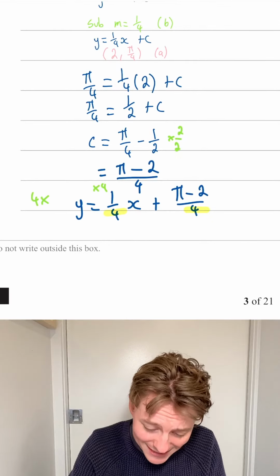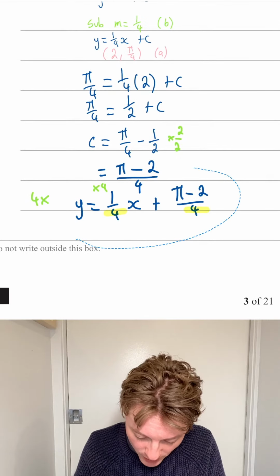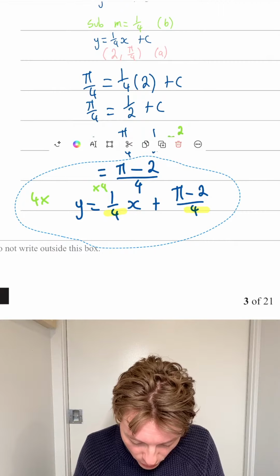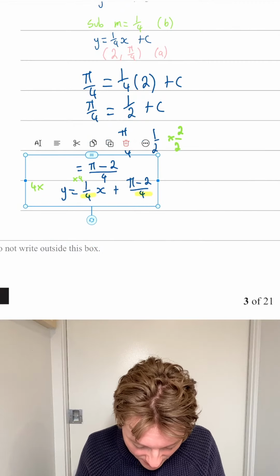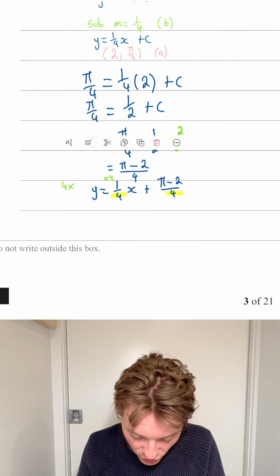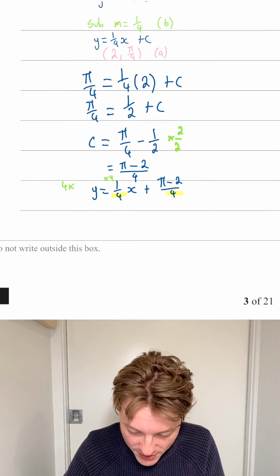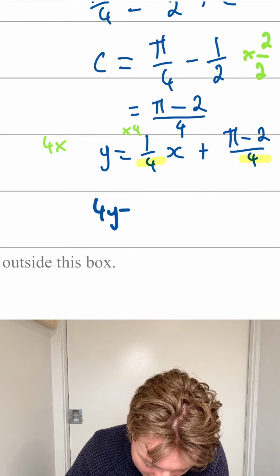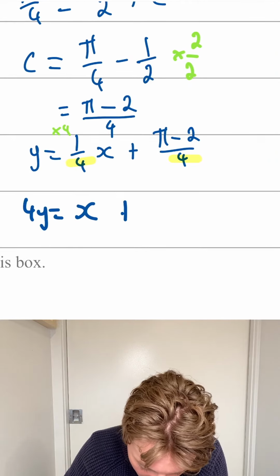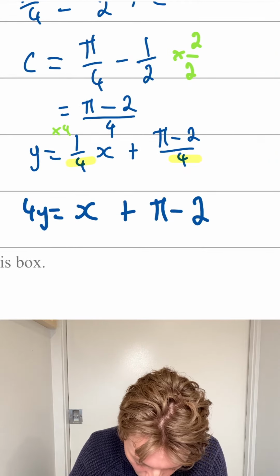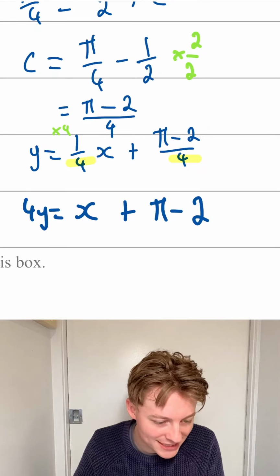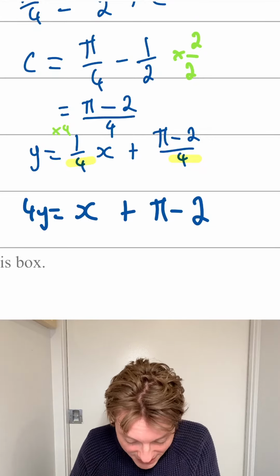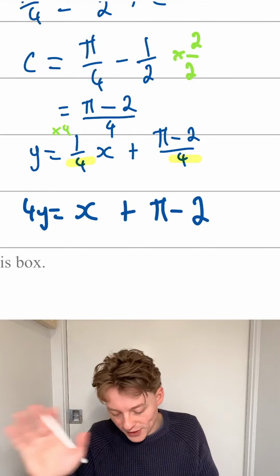I'm going to shrink things again because, like I said, it's a 2-mark question, and we're doing all the little nitty-gritty bits. We probably could have saved ourselves a bit of space and not gone all the way, but we are just going to. If I times everything by 4, I get 4y is equal to x plus pi minus 2. Now if I rearrange everything into general form, things tend to equal 0.